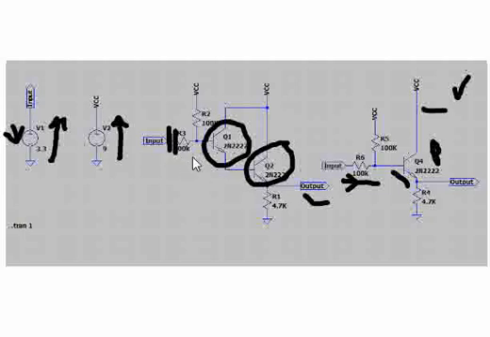For AC analysis, we have a capacitor that differentiates between a simple DC input and an AC output. As we said, these two gains combine to give the current gain, beta 1 into beta 2.